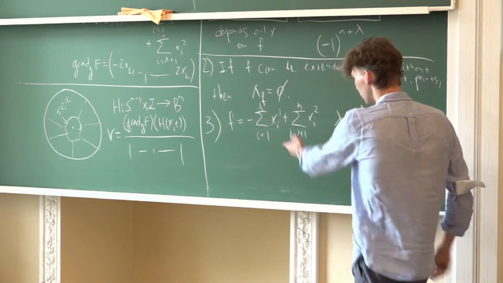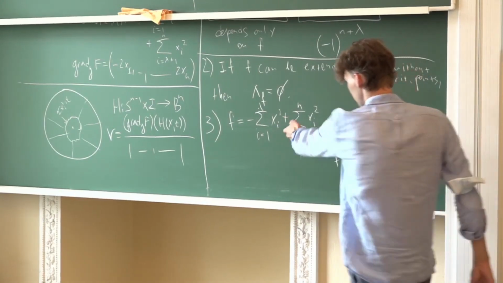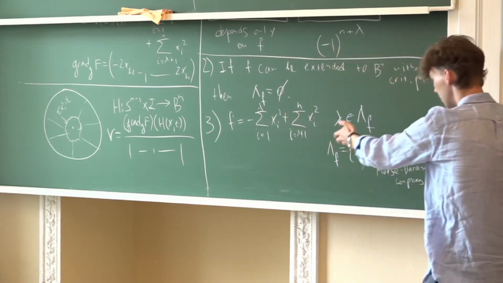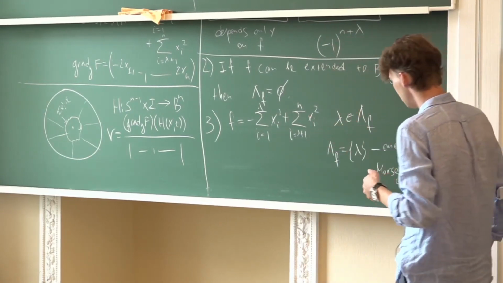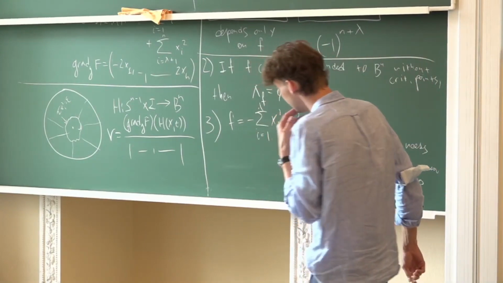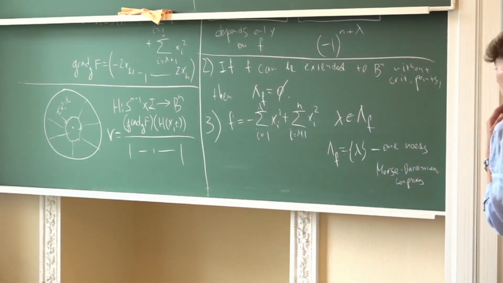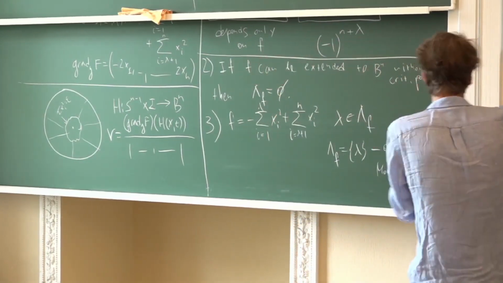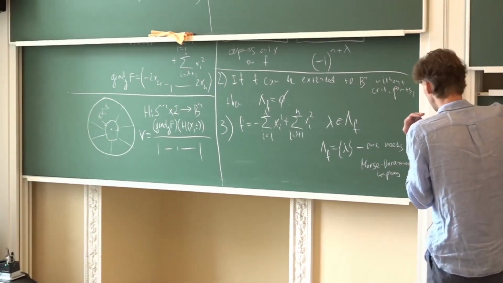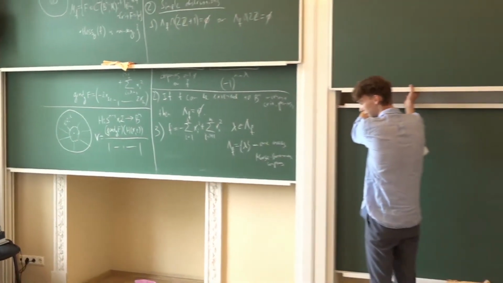So you just look at the canonical form of the corresponding Morse-Baranikov complex, and you see that indeed the function cannot be extended in any way other than with index lambda. I will probably speak about Morse-Baranikov complexes in some detail later.